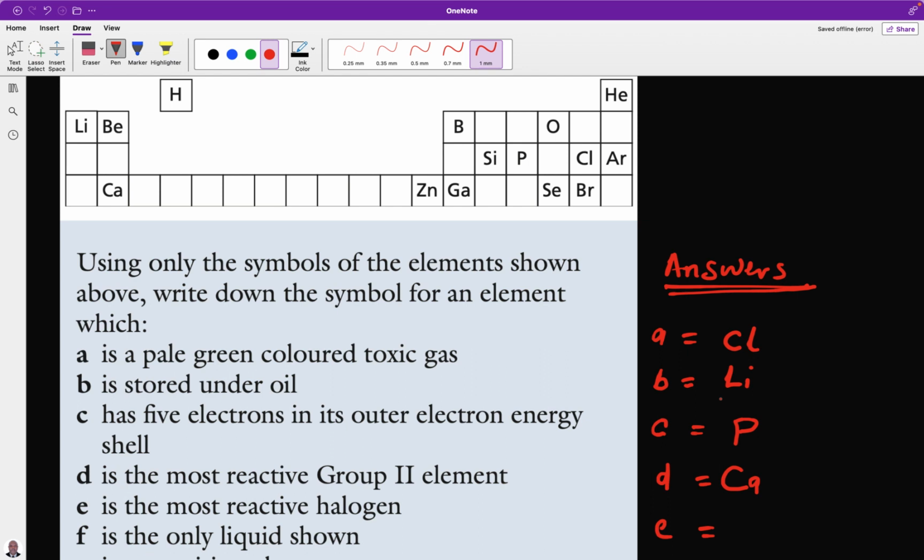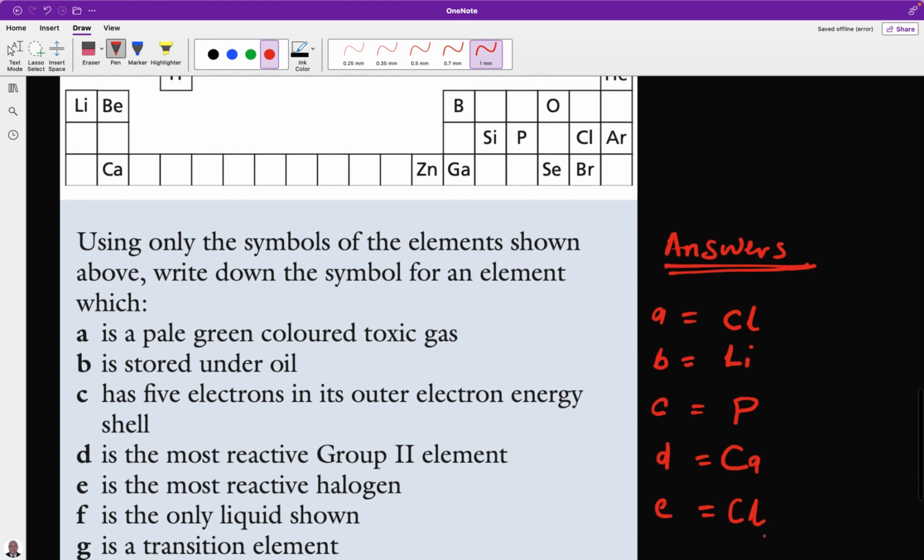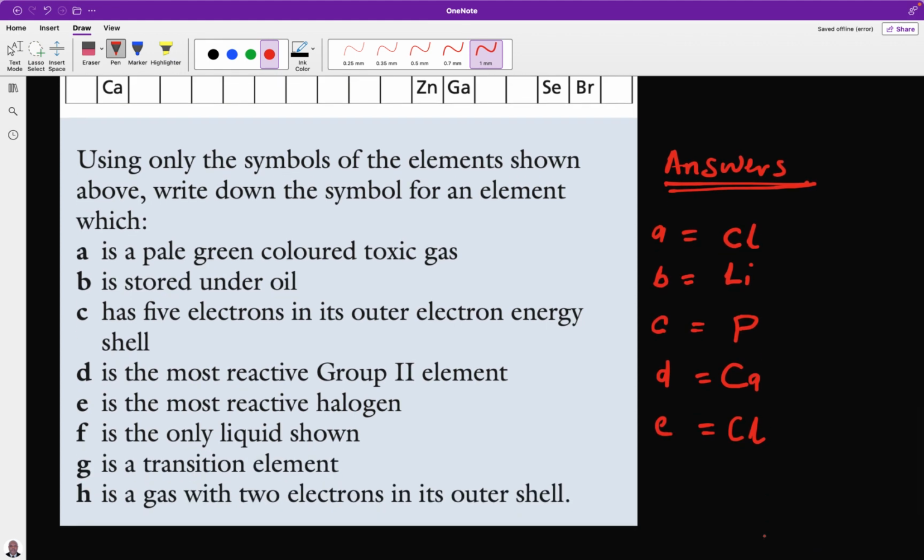But for halogens, reactivity is increasing up the group. As you are moving up the group, reactivity is increasing. So the most reactive halogen will not be bromine. Since reactivity is increasing up the group, the most reactive will be chlorine, Cl. E is Cl. Then F.